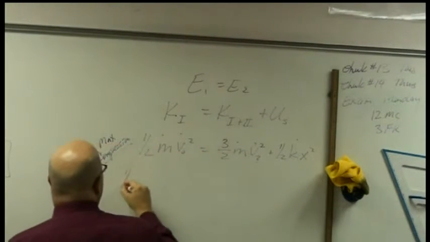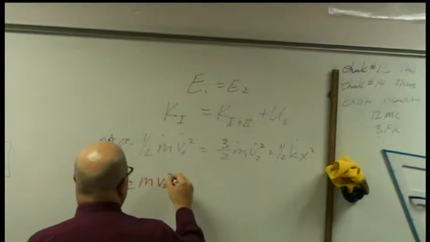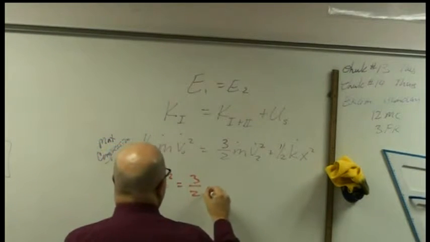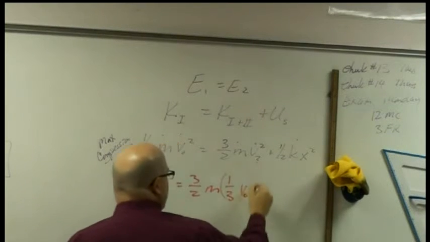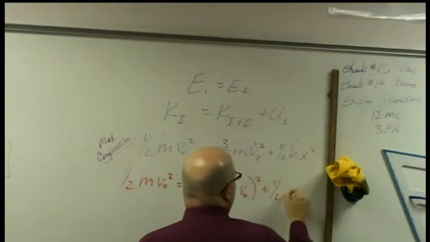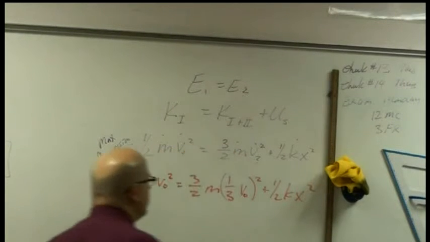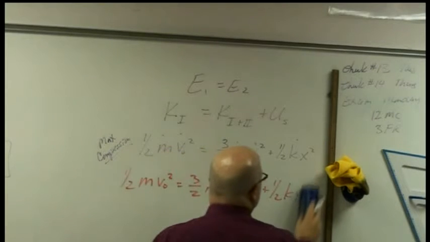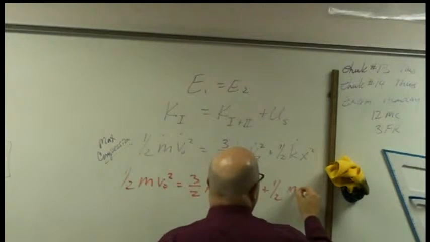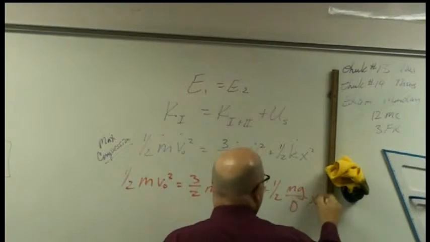So we have 1/2 mv naught squared equals 3/2 m times 1/3 v naught squared plus 1/2 kx squared. What's that? mg over d is k. And k is mg over d, x squared.